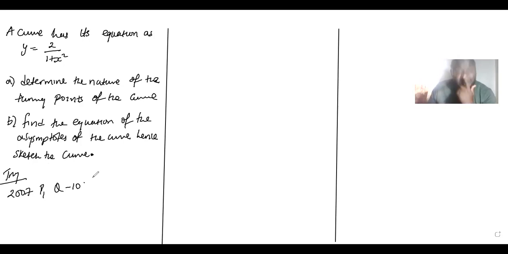Now the first question here says, determine the nature of the turning points of the curve. Remember, I showed you that there are two various ways we can find the turning points of the curve. You can either use dy dx. So let dy dx is equal to 0. This is true for stationary points.